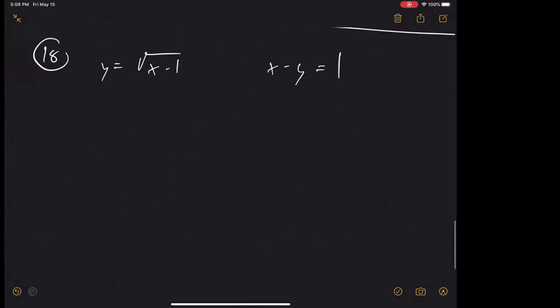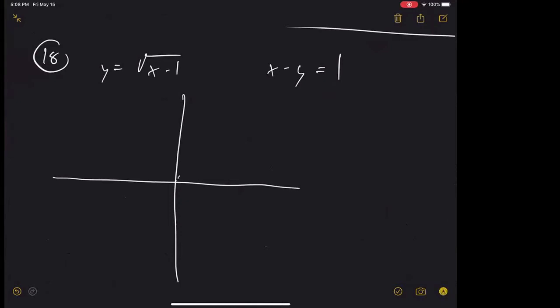So first thing I do is sketch the curves. Square root of x would look like this, and then square root of x minus 1 is just the square root curve shifted to the right by 1. So my curve should look like this.